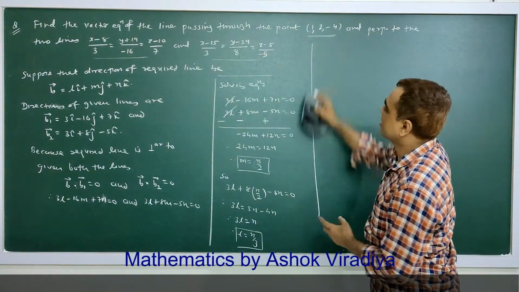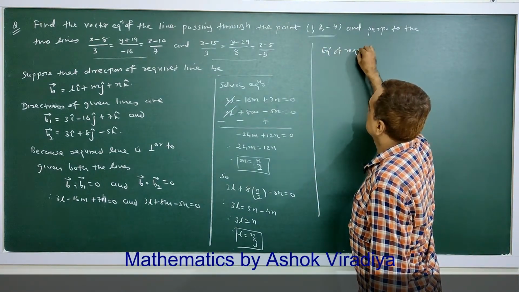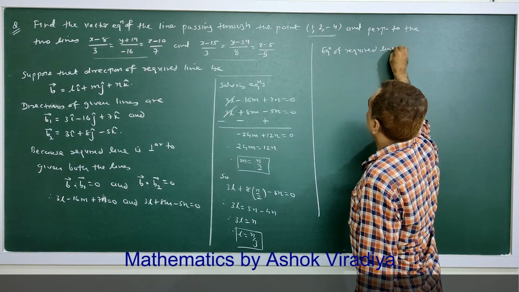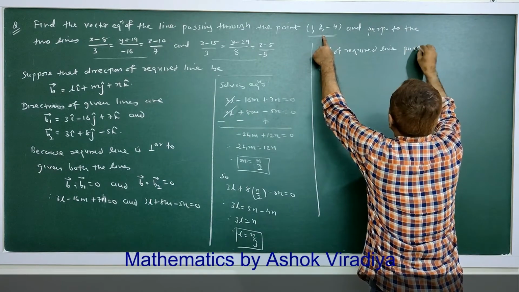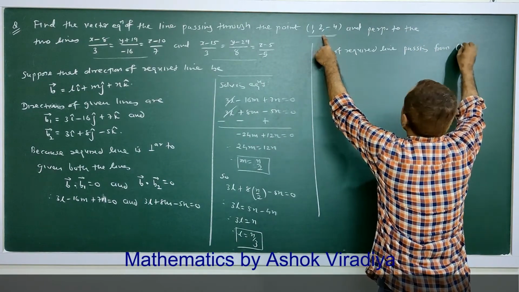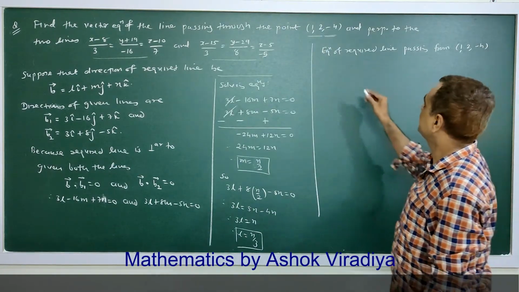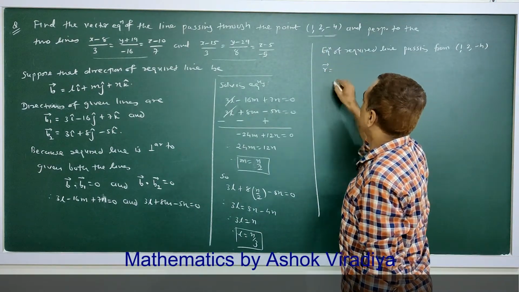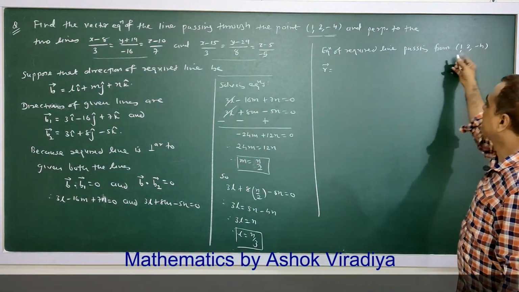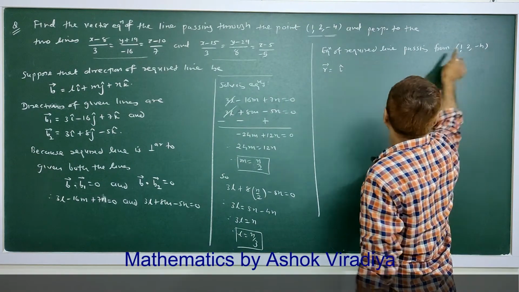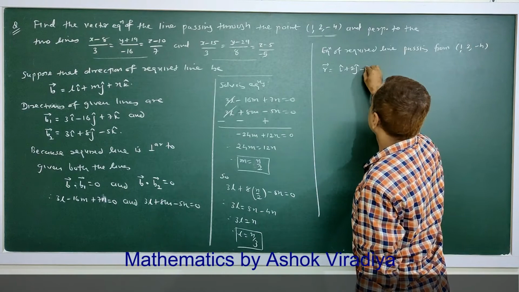So equation of required line is, the required line which is passing through 1, 2, minus 4. So its equation is vector r is equal to, from this given point, position vector of the given point is 1i plus 2j minus 4k.